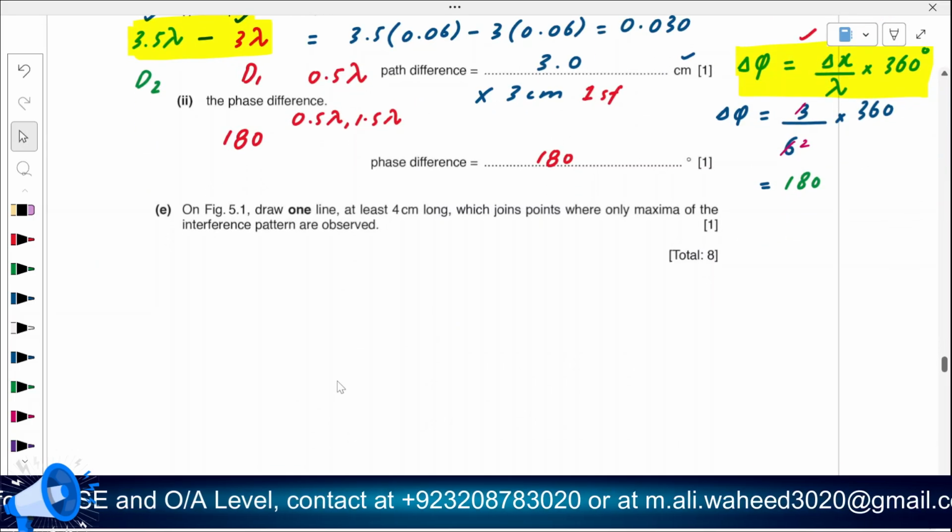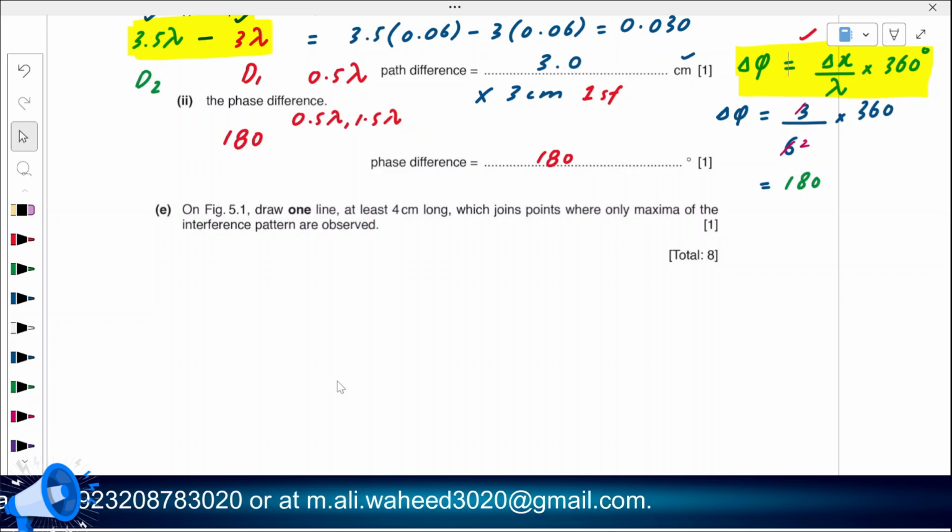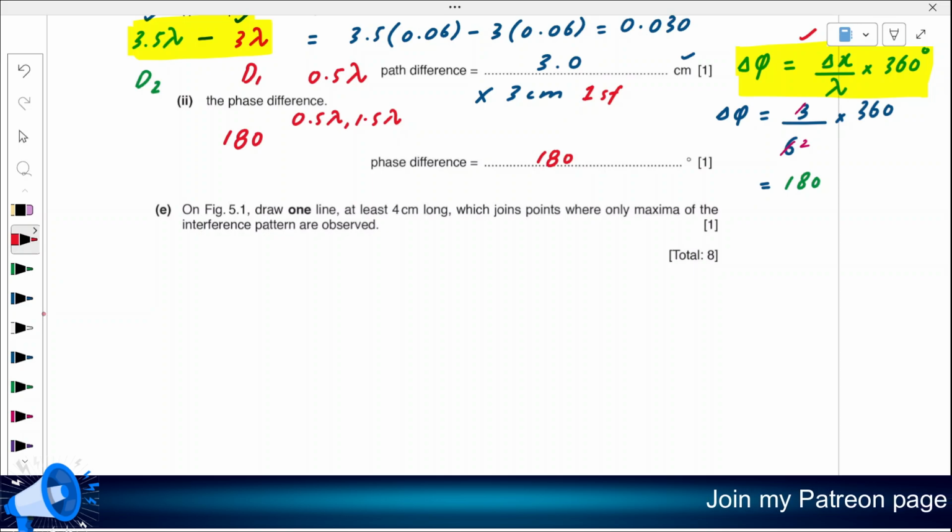On figure 5, this would be the last one. On figure 5.1, draw one line at least 4 centimeter long which joins the points where only maxima of the interference pattern are observed. So maxima would be observed wherever the crest falls on the crest.